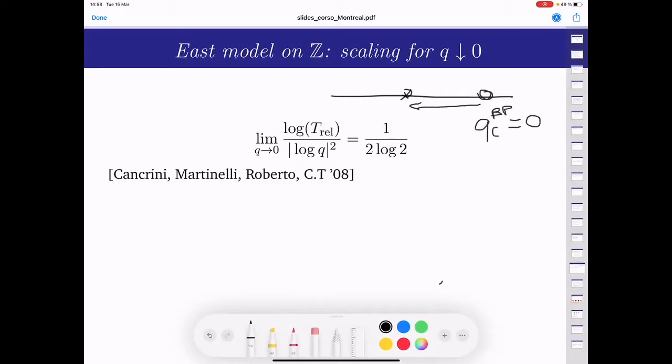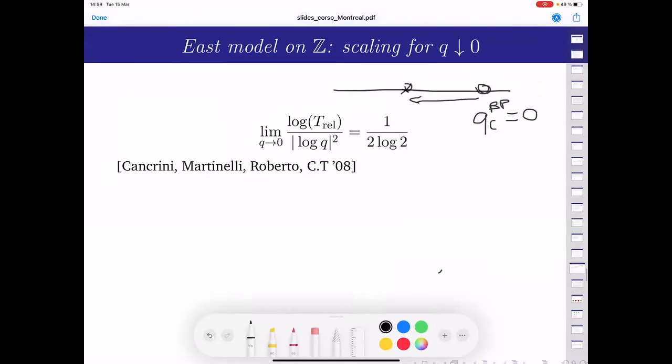And we just proved that, in fact, the spectral gap is larger than 0 up to that density. Now the interesting point is to study how this spectral gap, so the inverse relaxation time, scales when Q goes to 0.